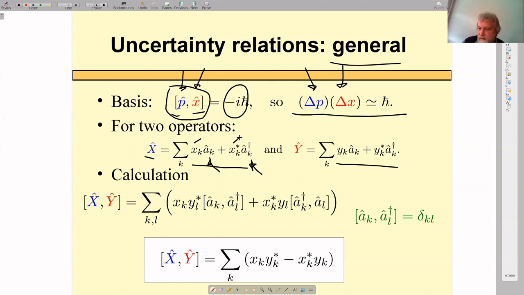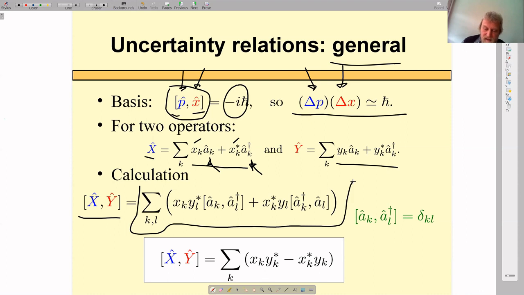So I want to get generally the commutator of these two. I don't have to think much. I can directly calculate it. It is similar to calculations we did during problem solving sessions.